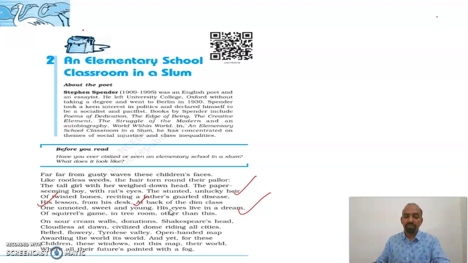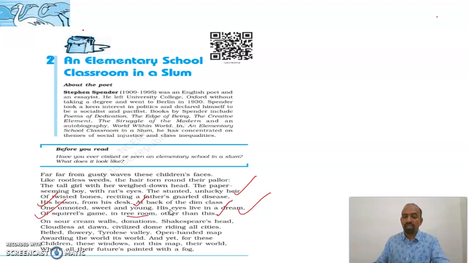What does he dream? Of squirrel's game. Yes, he has been watching the squirrel's game just outside his classroom, or it is his dream. The squirrel's game in tree room.